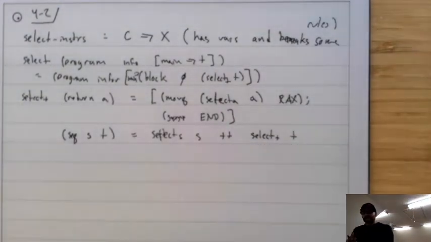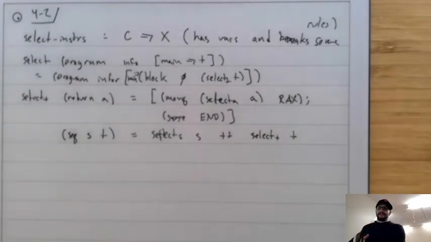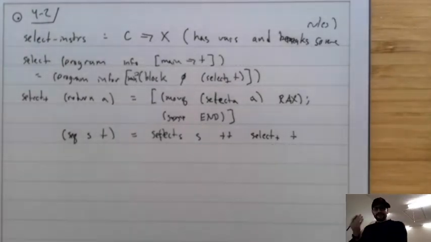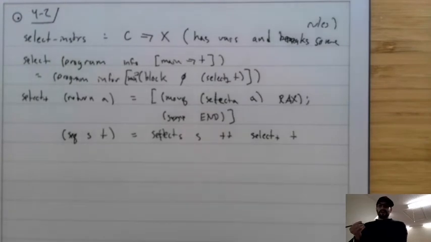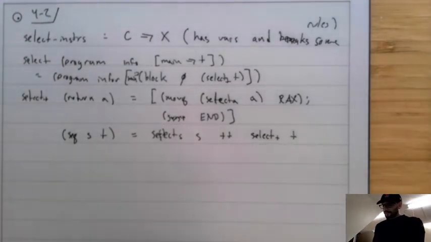If you remember from when you did assembly programming, the answer to a computation, to like a function call or whatever, always goes in RAX, so that's why we're doing that. And if you recall from our interpreter for X programs, we look at RAX when we return our final answer, so that's also why we return that.